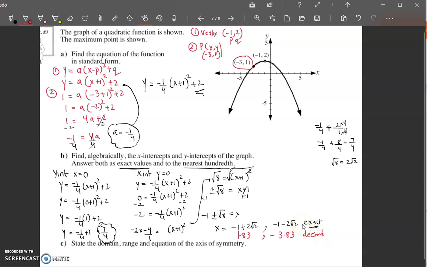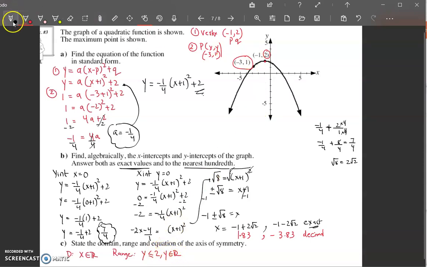Okay. The last part of this question is to state the domain and range. If you remember, the domain for any parabola is x belongs to all real numbers. The range here is going to be, this is going to be your highest point. So you're going to say y has to be less than or equal to 2, and it belongs to all real numbers.